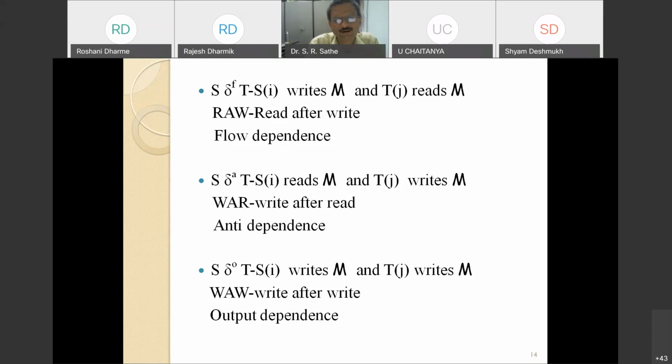If you reverse the order, suppose I is written with a value of 10 first, and then I is written with a value of 7, the final value will be 7, not 10. That is the problem. So write after write is also contributing to what is known as output dependence. So these are the three dependencies in sequential execution of programs, when you parallelize a sequential program.